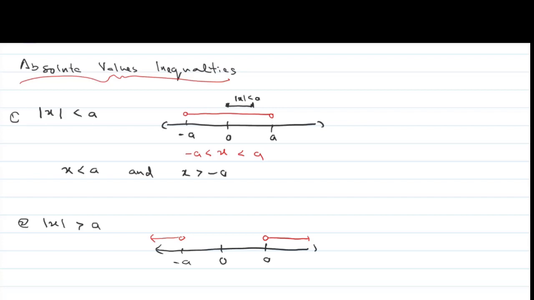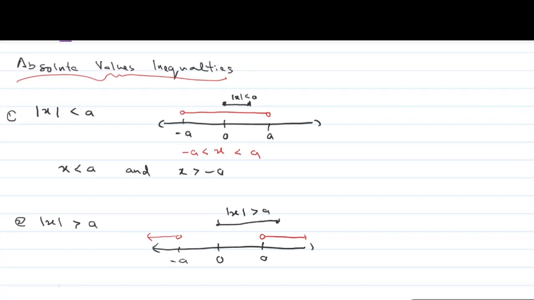Let's say when we put x here and measure the distance from the origin, the distance of x is greater than a. That's why we write absolute value of x greater than a as x greater than a or x less than negative a.